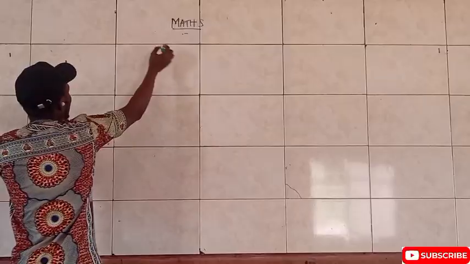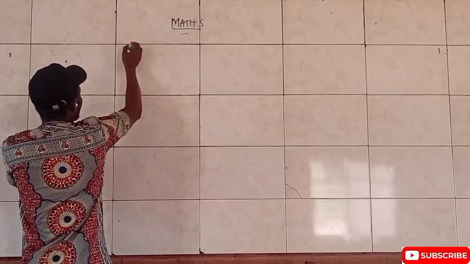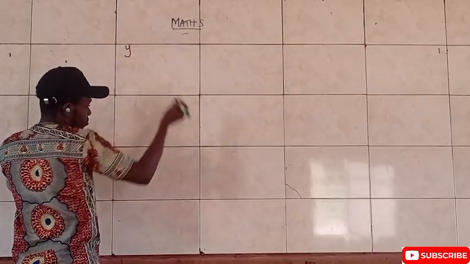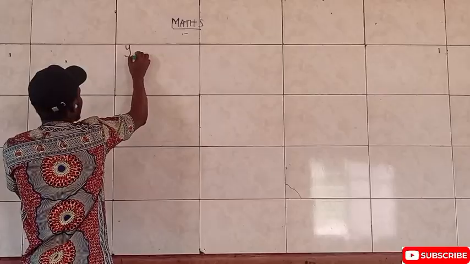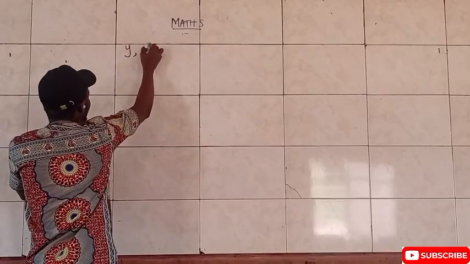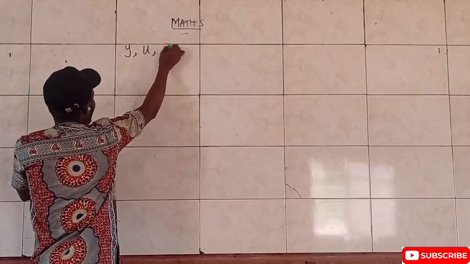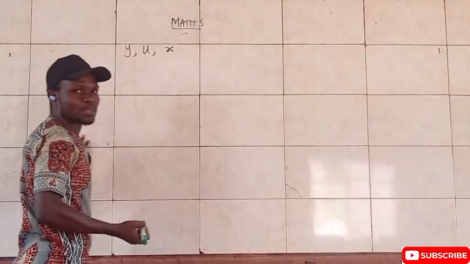Okay, we're going to be looking at function of a function now. The concept is having a function that is a function of another function, and it has a way of differentiation. What I mean is this. Imagine you have the function y that is a function of u, and this u is a function of x. You know what I'm saying?